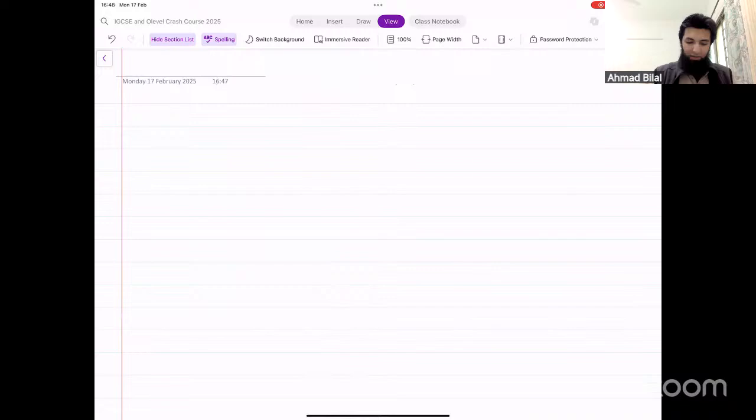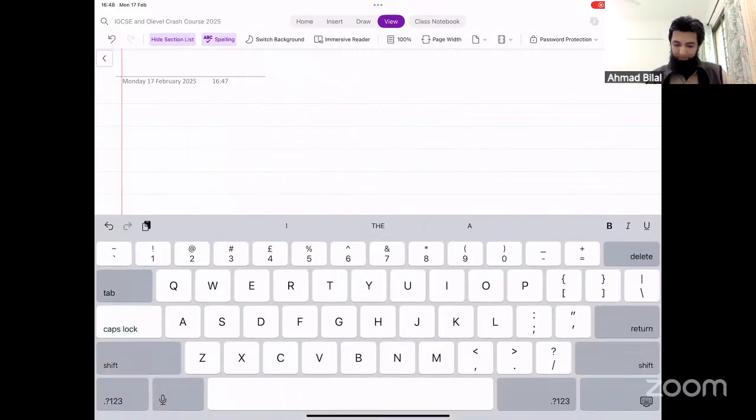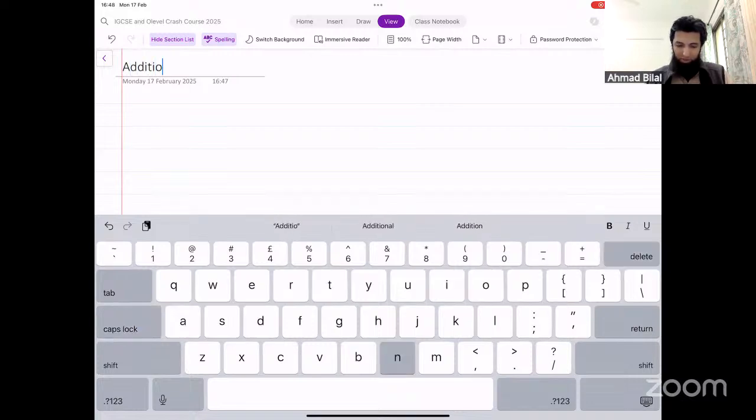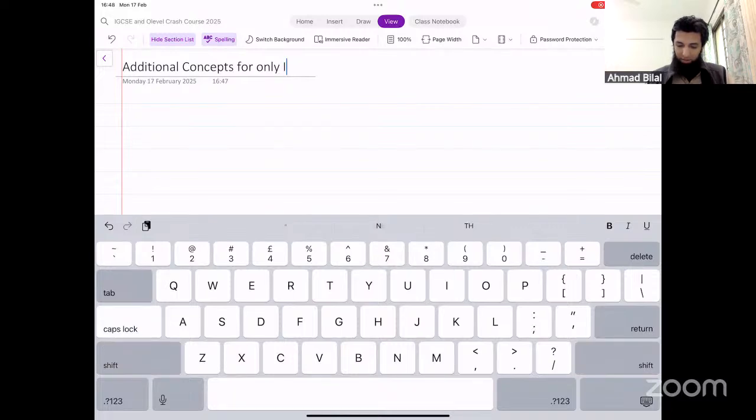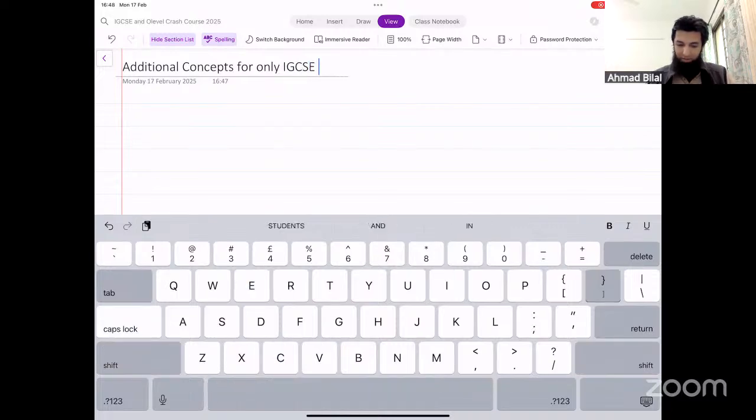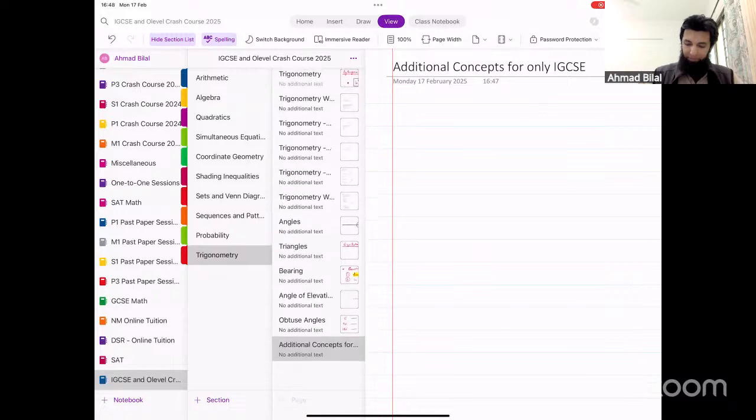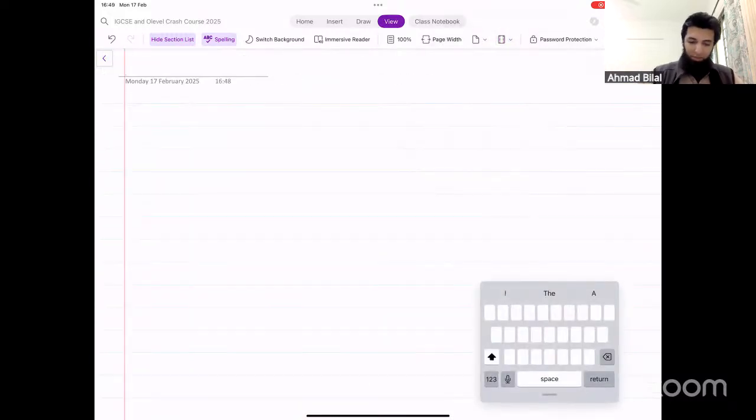What I'll do is I will add a section here, additional concepts for only the IGCSE extended syllabus. Okay.